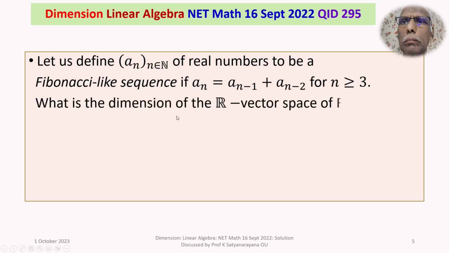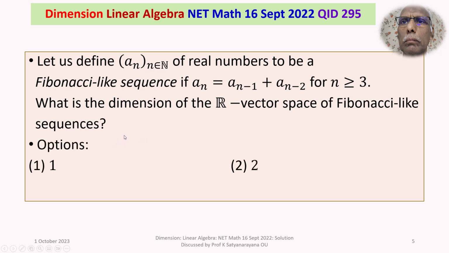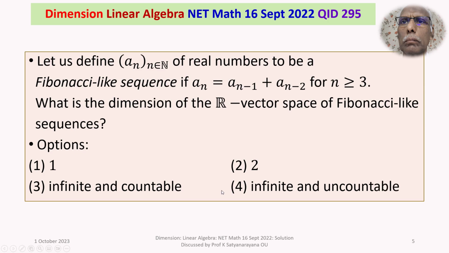What is the dimension of the R vector space of Fibonacci-like sequences? We are given 4 options. Option 1, 1. Option 2, 2. Option 3, infinite and countable. Option 4, infinite and uncountable.